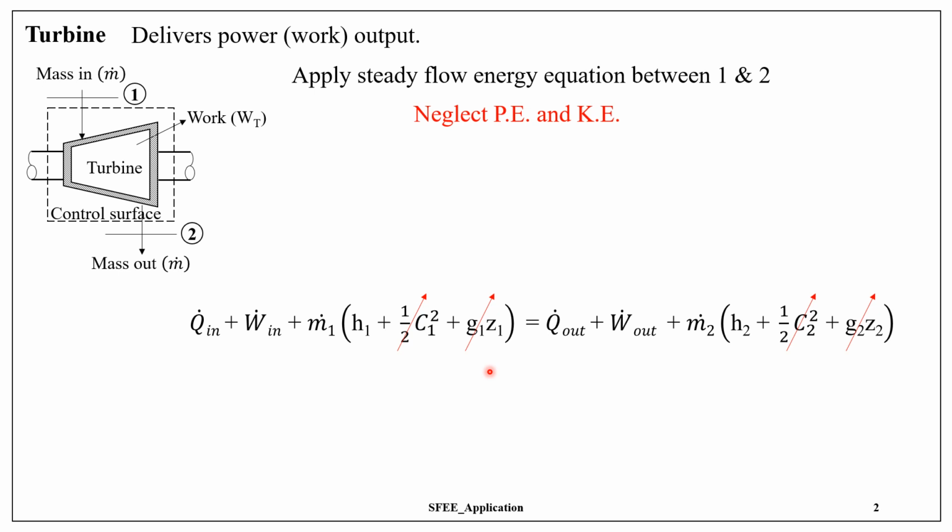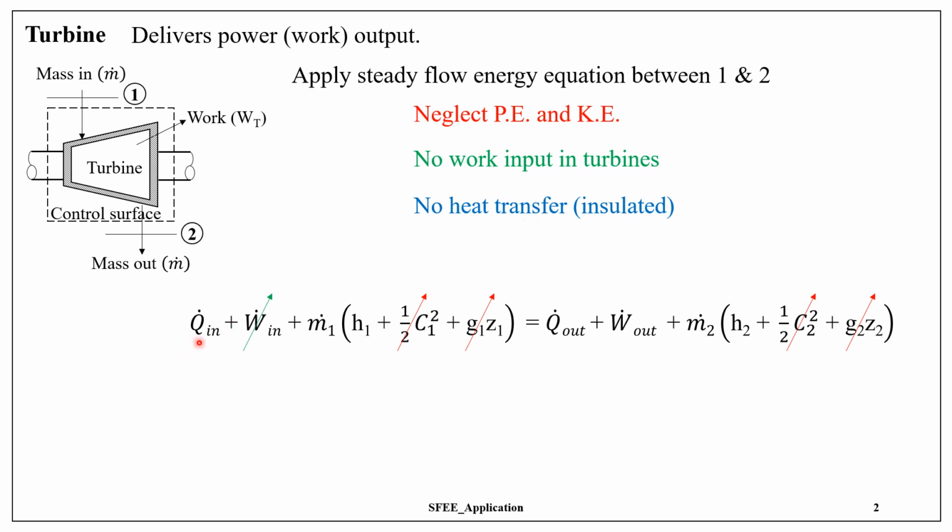And for a turbine, there is no work input. Of course, it delivers work output. There is no work input, and hence we can neglect W in. And the turbine is perfectly insulated, and hence there is no heat transfer.